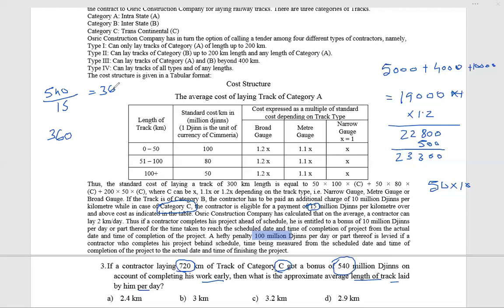Category C got a bonus of 540 on account of completing the work early. Category C 15 million per day over and above the cost. Okay. So he has done the job 36 days earlier.